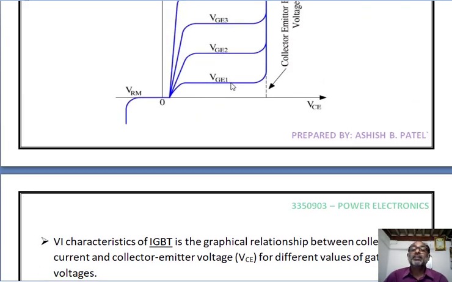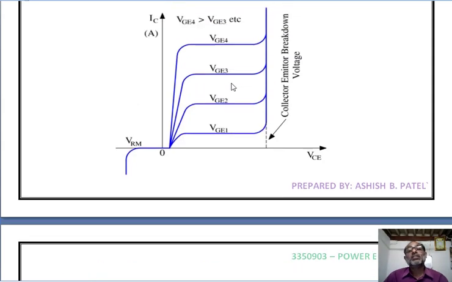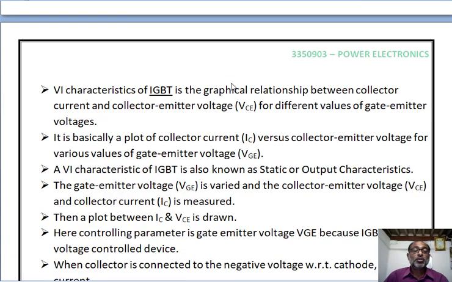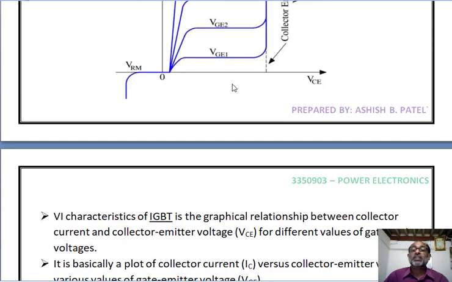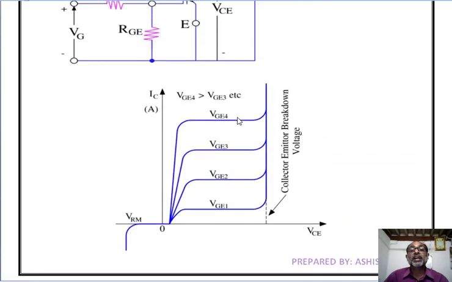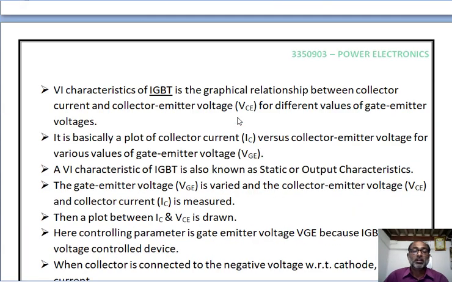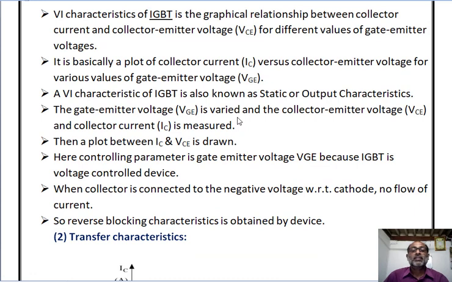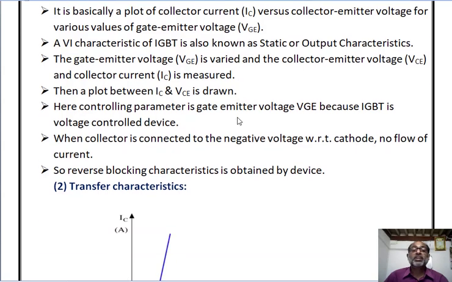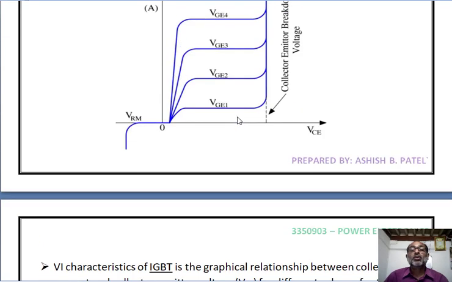That's why IGBT is known as a voltage controlled device. Now when the collector is connected to the negative supply with respect to the emitter, the device becomes reverse biased. Then there is no current flowing through the device, so the reverse blocking characteristic is obtained.